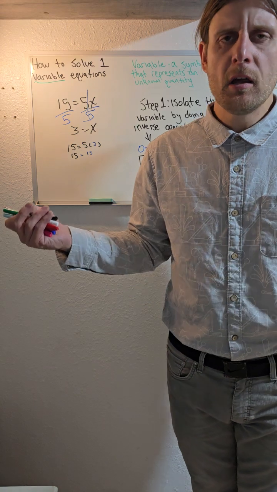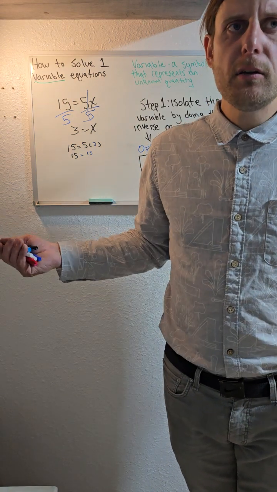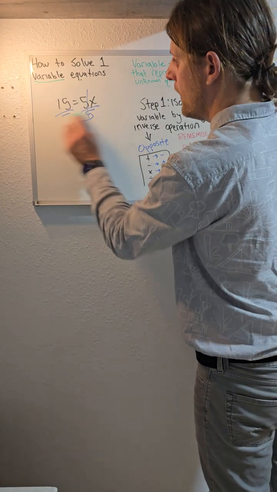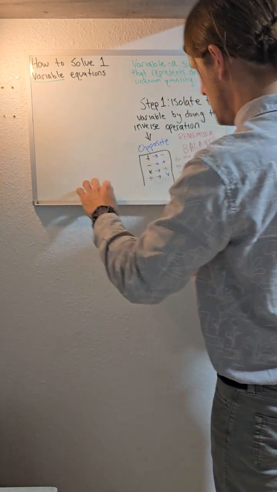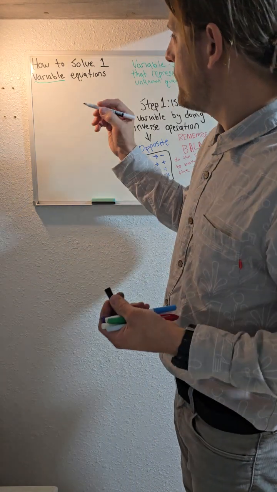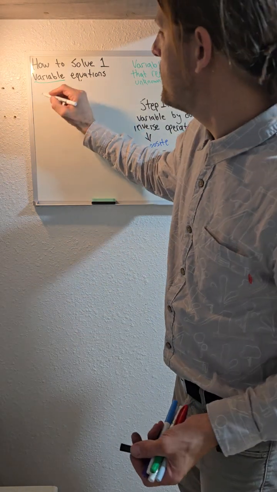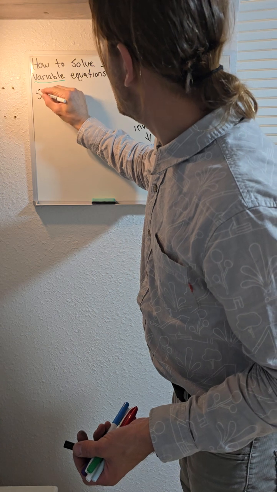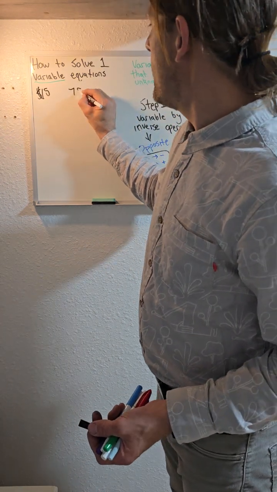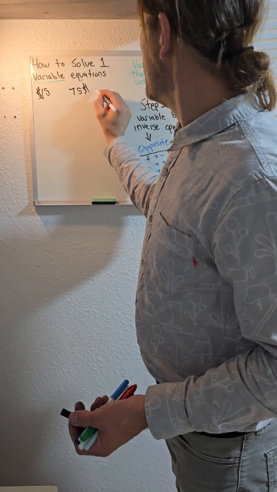Well, Mr. Lopez, why is this useful? Why do I need to know this? Well, let's do an example. You have an allowance of $15, and you want a $75 game.